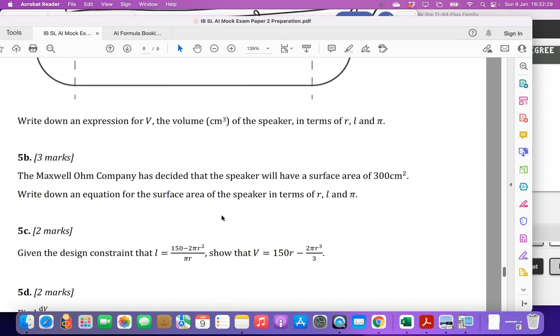So volume is 4/3 pi r cubed, the sphere, plus the cylinder, pi r squared. And then instead of L, I'm going to substitute in this expression for L.